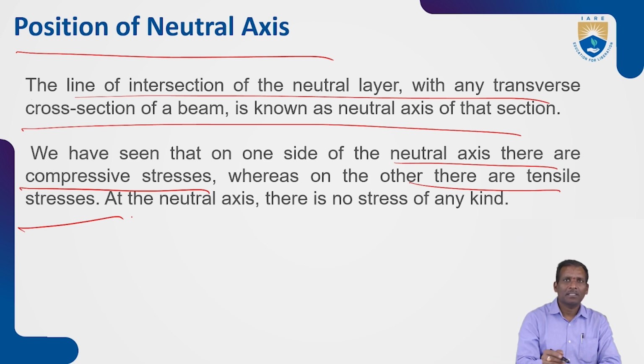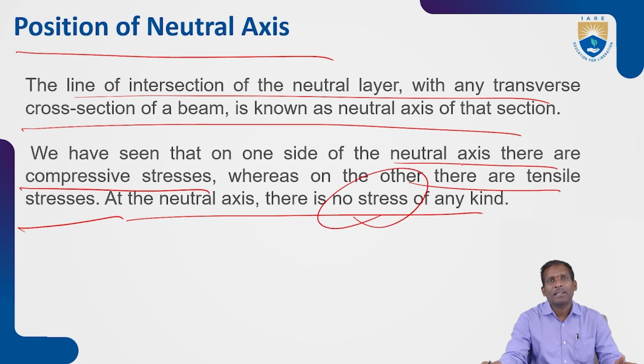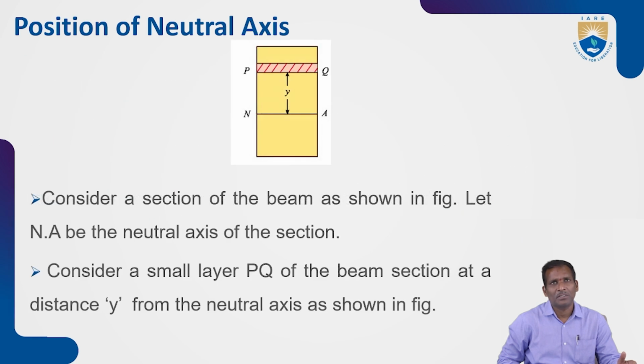At the neutral axis there is no stress of any kind. One side compressive, another side tensile. So it means that at the neutral axis there is no load and no stress. That is called the neutral axis.